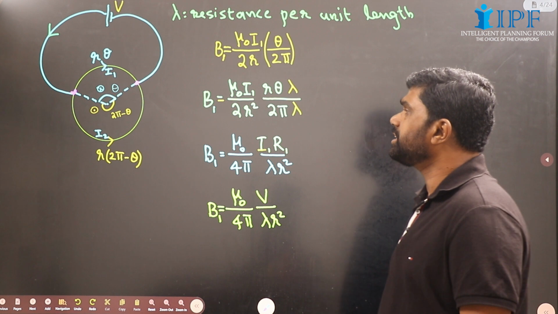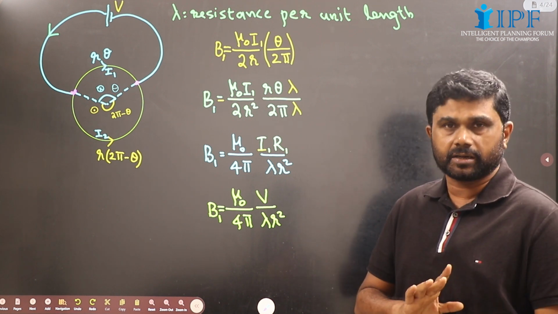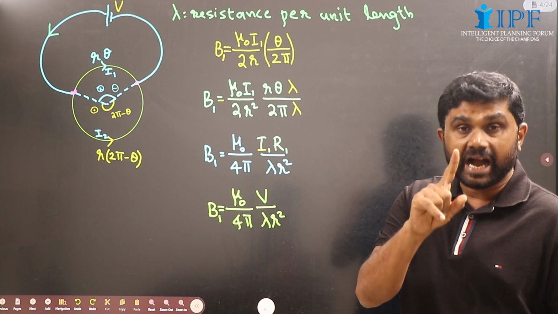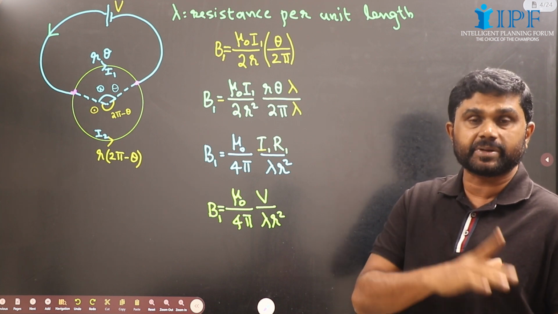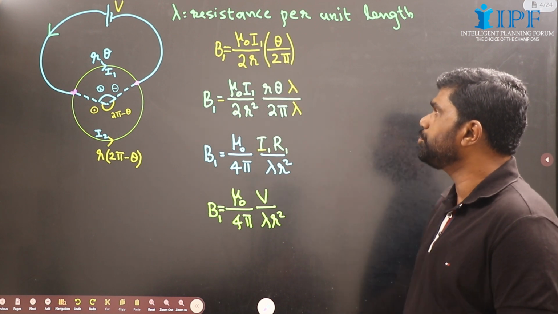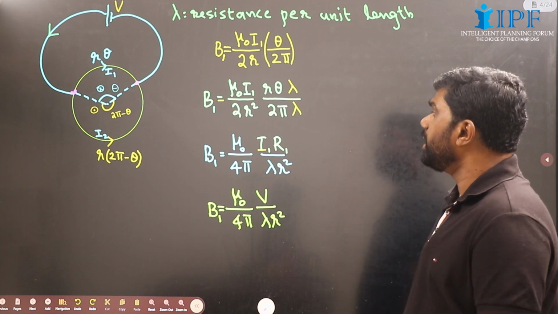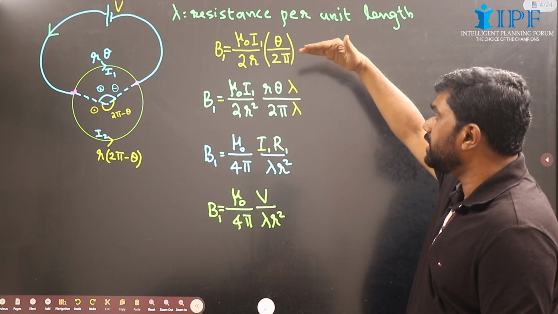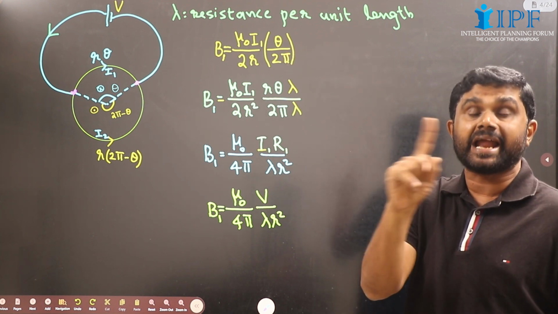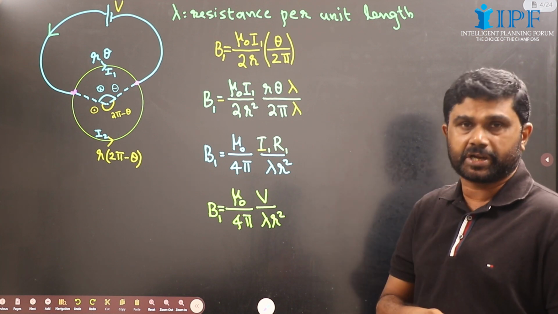Now let us find the magnetic field at the center due to the upper arc, in which current is I1, and let us represent the field by B1. So B1 is mu 0 I1 divided by 2R into theta by 2 pi. Now multiply both the numerator and denominator by R lambda, where R is the radius and lambda is the resistance per unit length.